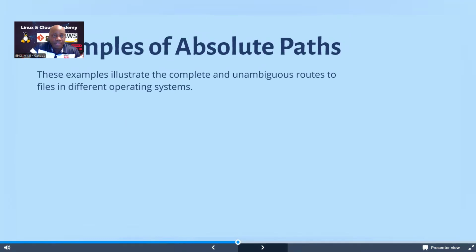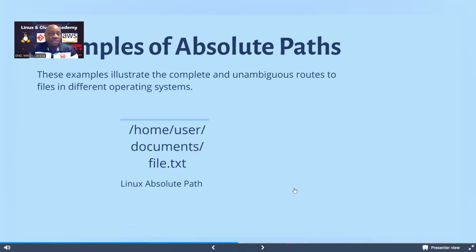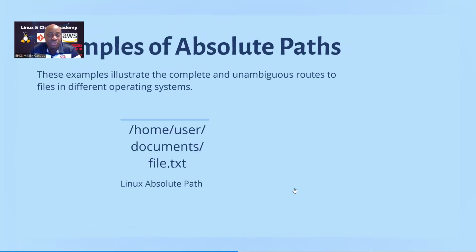So now, if you have /home/user/documents/file.txt, that is a file name, right? So that is a Linux absolute path.